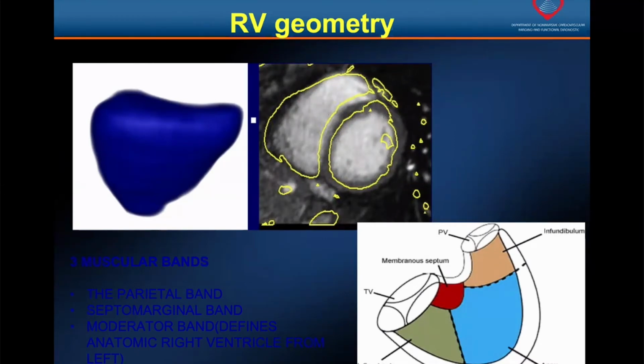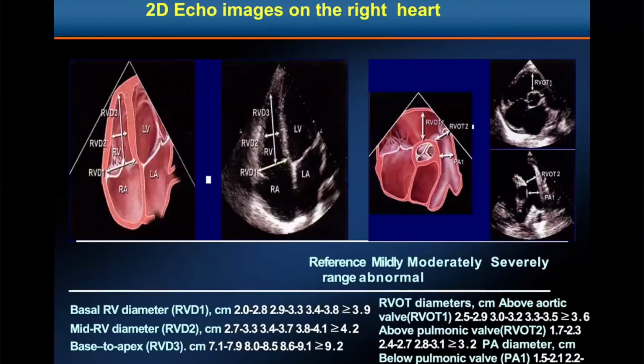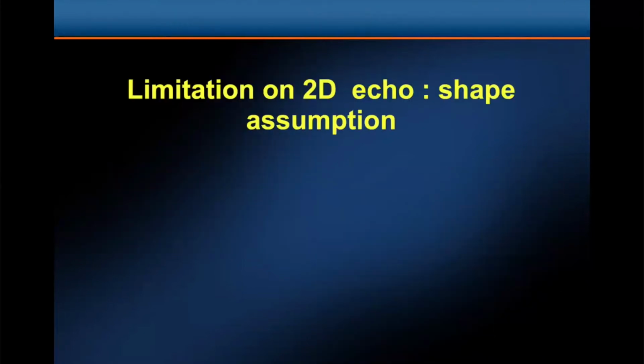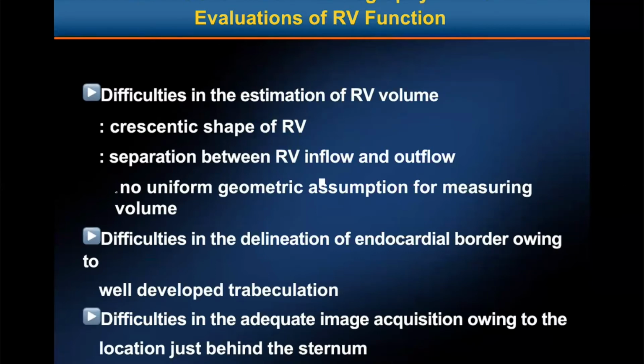Regarding the right ventricle, things are a little bit more difficult, because you know that right ventricle geometry is difficult compared with the left ventricle, but imaging of the right heart is possible. These are 2D images, which are a little bit limited with 2D echo acquisition. It is difficult to estimate the right ventricle volume because of its crescent shape.